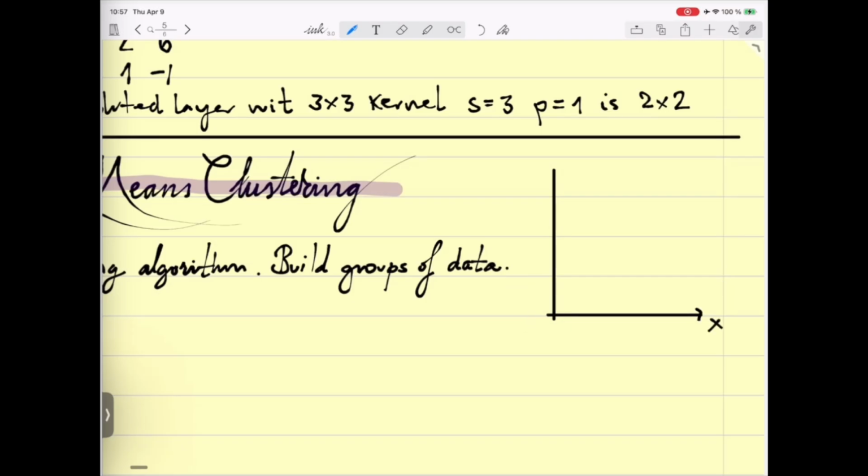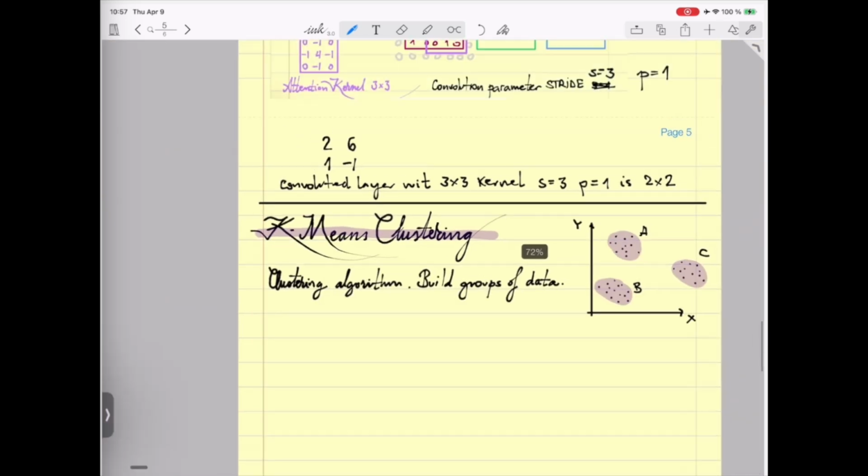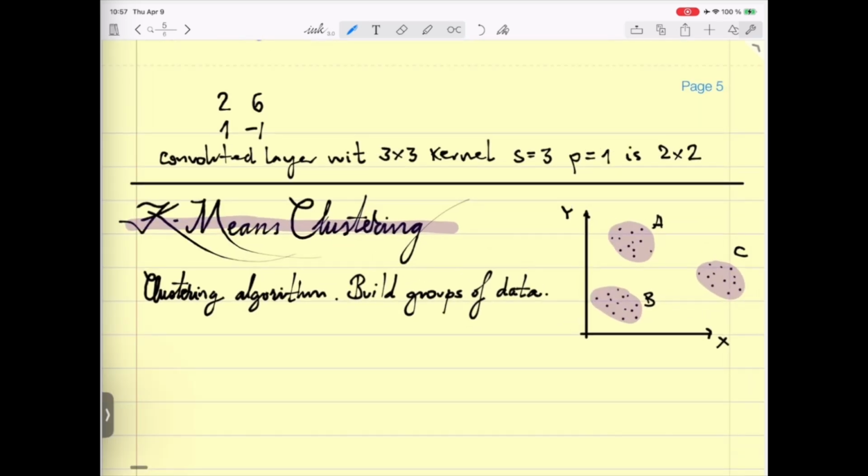Your map is in 2 coordinates, and you have these customers, okay, and you have 3 delivery cars to deliver your products. Your intuition would say you have 3 groups of customers, so you group them in 3 groups, A, B, and C. And each delivery car will deliver 1 group, okay? So the algorithm that we learn now gives us the groups.